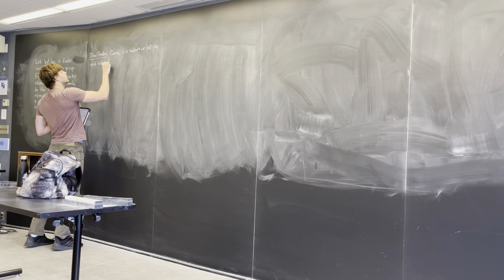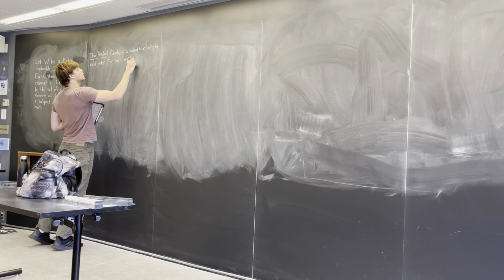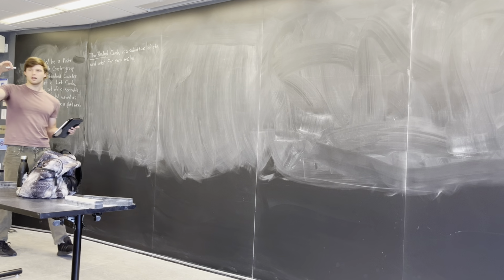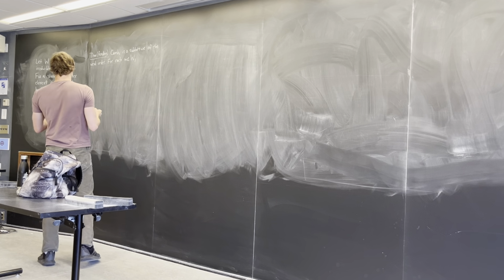And for each W in W, if we look at the set of C-sortable elements that are less than or equal to W in the weak order, this has a unique maximal element.